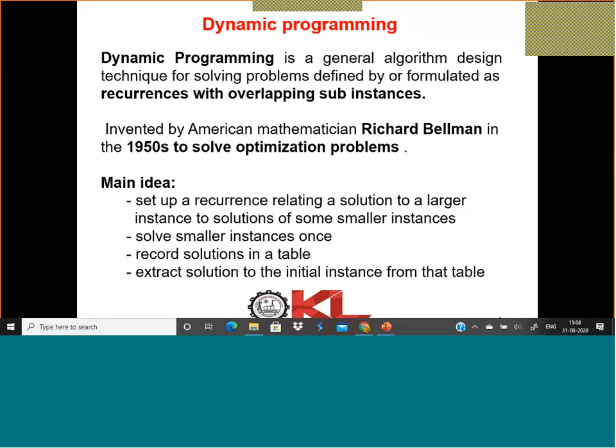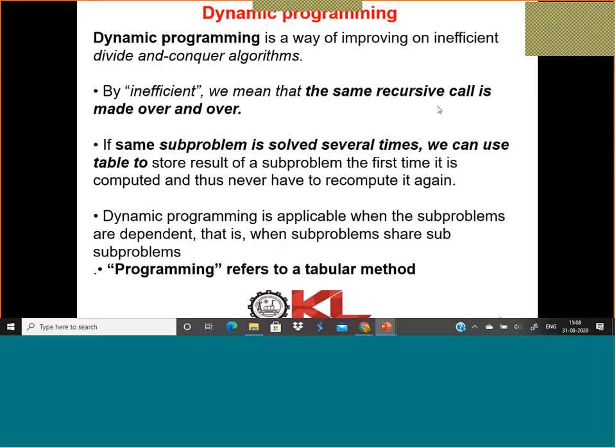Dynamic programming is a way of improving an inefficient divide and conquer algorithm. By inefficient, we mean the same recursive call is made over and over. In the divide and conquer model, all the subproblems are disjoint, so you solve them individually. But when the subproblems are overlapping, why solve the same problem several times?